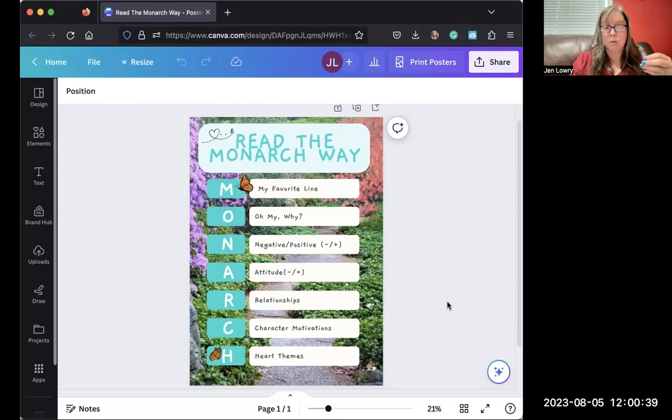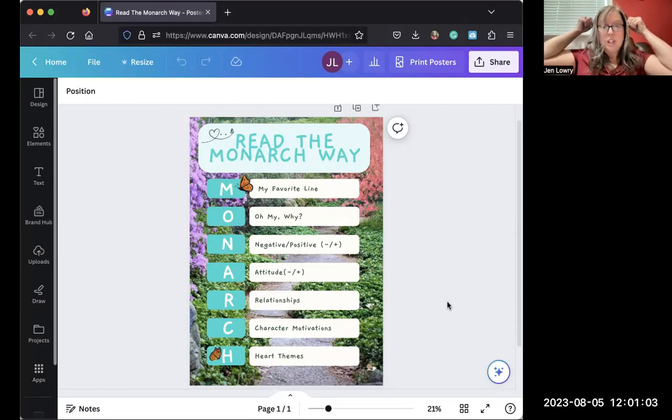It might be mild or it might become more intense based on the author's choice of words. So this can help you to identify not only the tone words, but that level of intensity as well. So check out some of those color wheels with tone words. That's the Monarch way. That's the way we're going to be going as well with our resources.